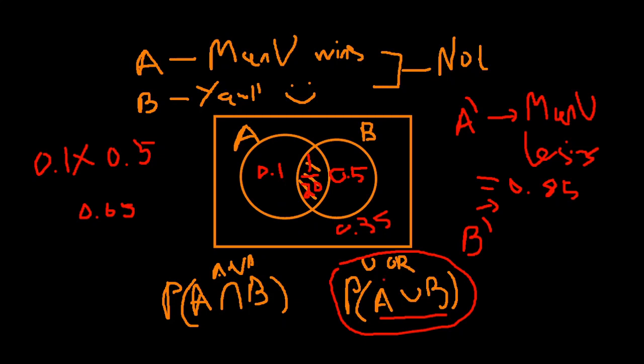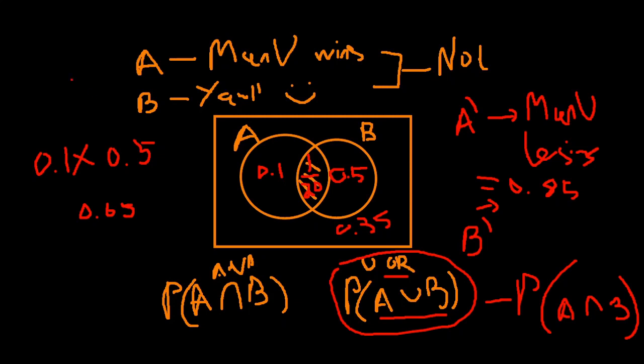So the proper way to get OR from a Venn diagram is P of A union B minus P of A intersection B. Because if you just take A union B, you're counting this 1 over 20 twice. So if we look at it again, in this case it's clear that you just add up these three numbers, you don't overcount.